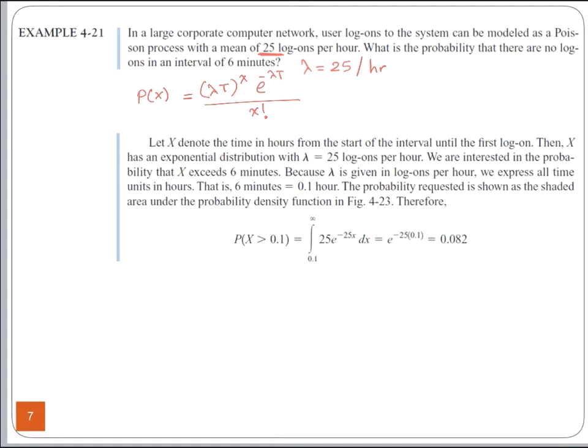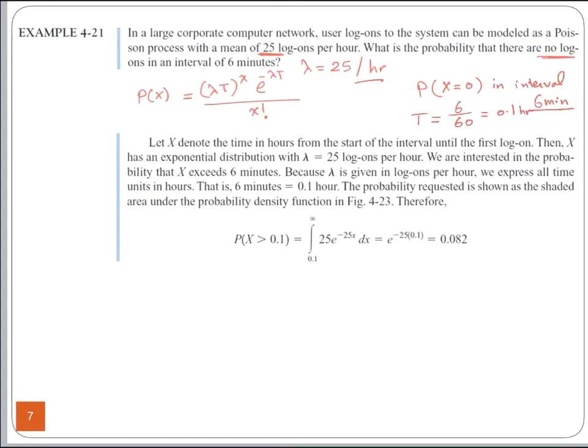We know the lambda, we know the duration. And the question is, what's the probability that there are no logons? So X equals 0. So we are looking for the probability that X is equal to 0 in an interval of 6 minutes. Now again, this is in minutes, but lambda is per hour, so we have to convert this interval: t is equal to 6 over 60, which is equal to 0.1 hour.